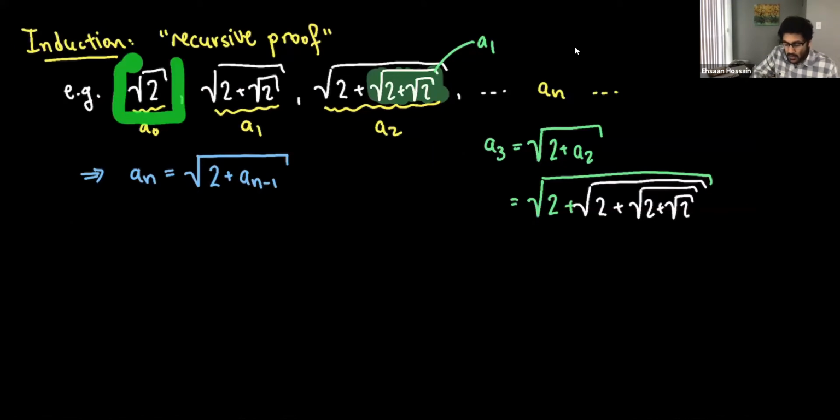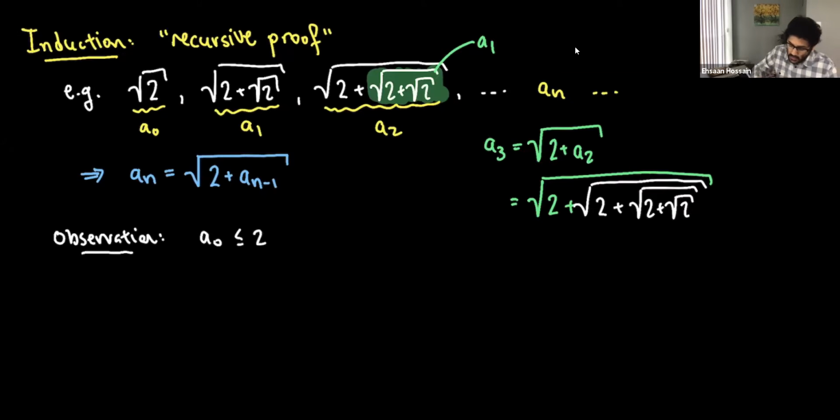If I plug root 2 into my calculator, what's an approximation for root 2? 1.41, yeah, and that's less than or equal to 2. So you might observe that A0 is less than or equal to 2. How about A1? Can someone quickly plug that into their calculator? 1.84.